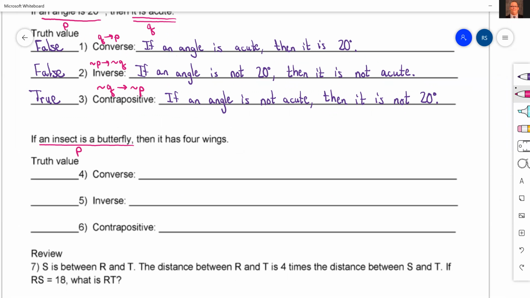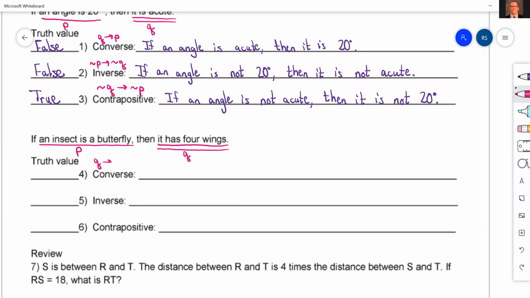Then it has 4 wings. So it has 4 wings is our conclusion. For converse, which order do these go in? That's the one where we flip.